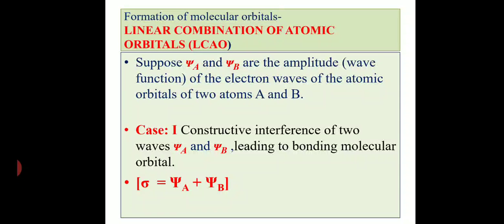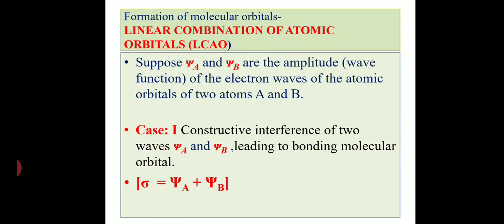To understand this, let's consider two atoms A and B. Atom A has wave character, that is the wave nature of electron. We represent its wave function as psi A, and for atom B, the wave function is represented as psi B, right?